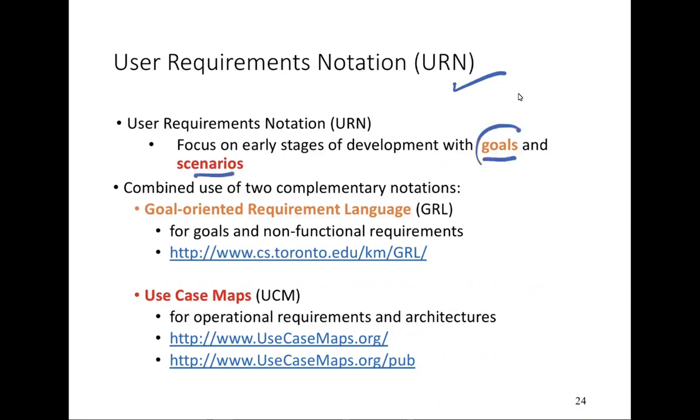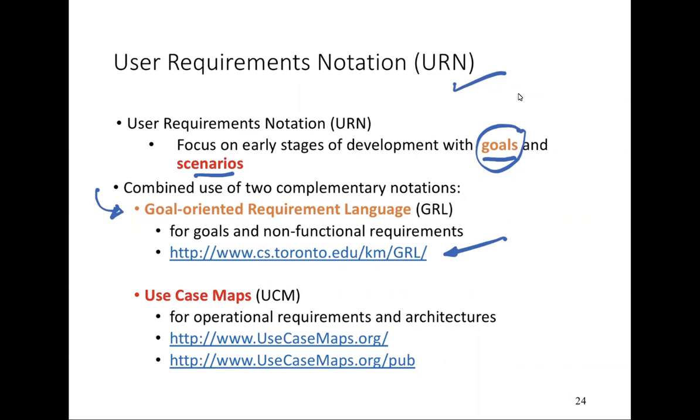So if you are interested in building a goal model, you will use the GRL to represent goals, whether they are functional or non-functional requirements. A lot of information can be found on the UofT website, where we could identify different information about the GRL, which is summarized in today's class.